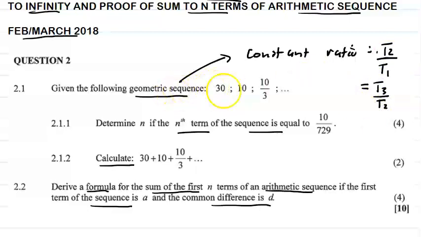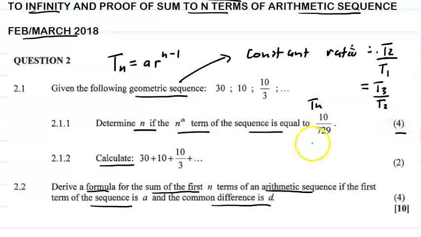Also, what we have to know about a geometric sequence is that the formula for the nth term is Tn equals A, which is the first term, times R, which is the ratio, to the n minus 1. So we're going to be using this particular formula to solve for n. And remember, they're telling us that the nth term is equal to 10 over 729. So basically, they're giving us Tn and they want us to solve for n.